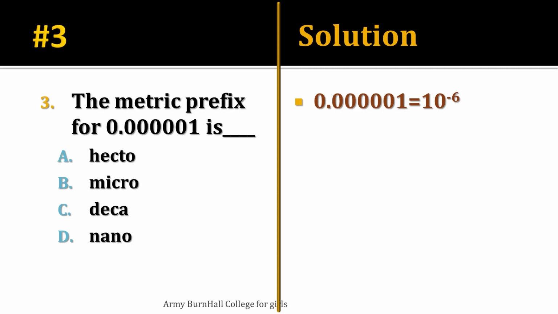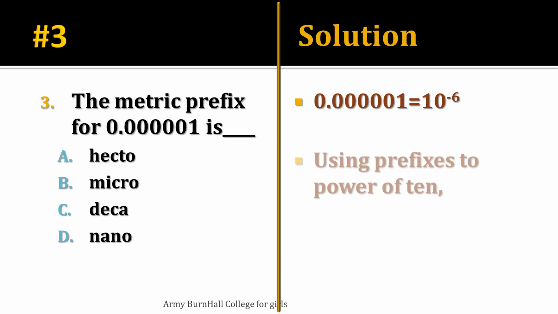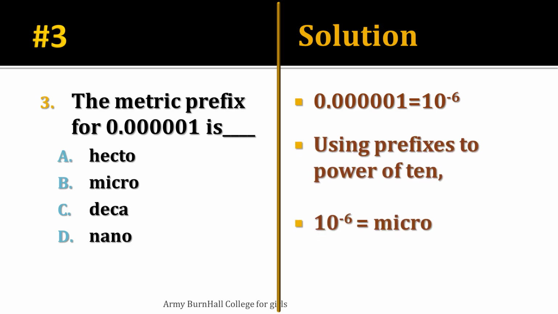We know that 10 raised to power minus 6 in prefixes is equal to micro. So the correct option is option B, micro. The metric prefix for 0.000001 is micro because it is equal to 10 raised to power minus 6.